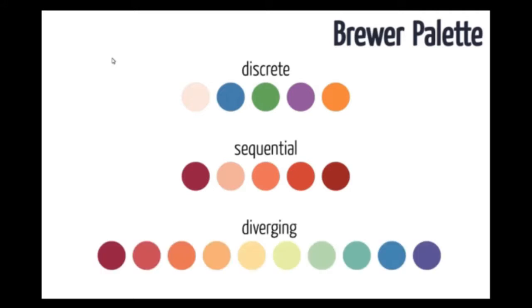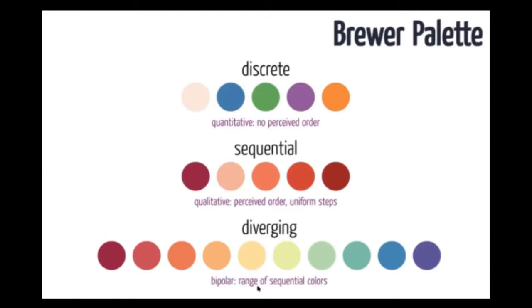And then you have diverging. Diverging is sort of something where it's going from one category to another category. And so discrete means it's qualitative. There's no perceived order. Sequential means that these are perceived order, uniform steps. And diverging means that these are two sequential colors.